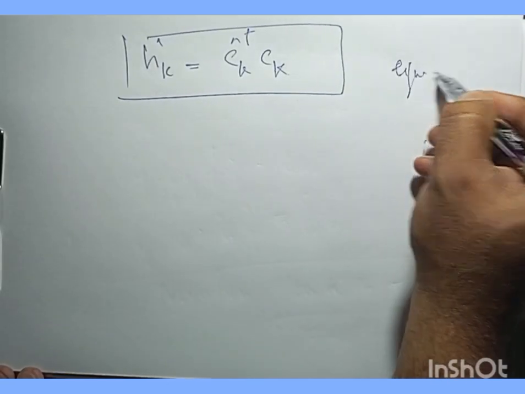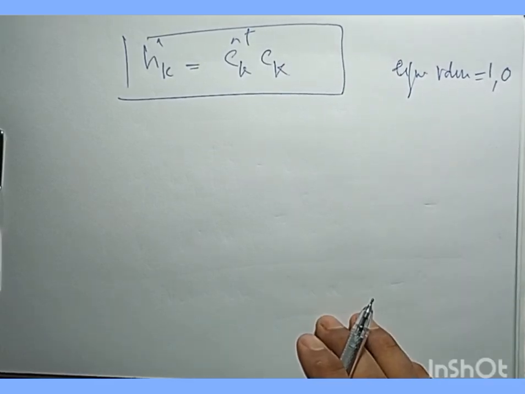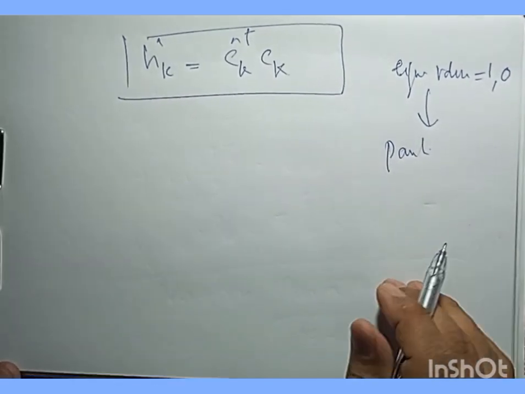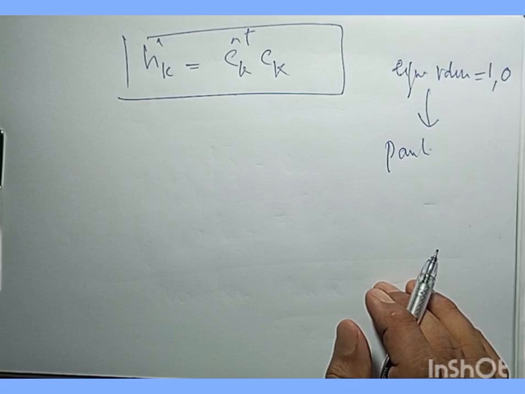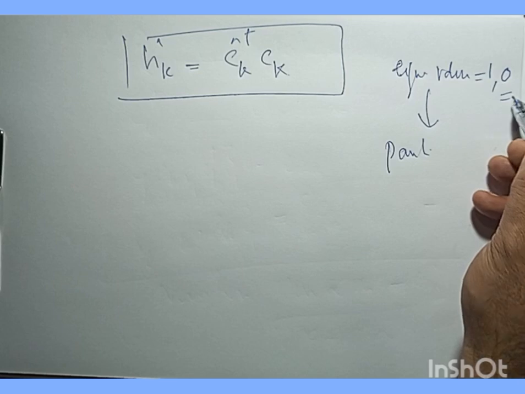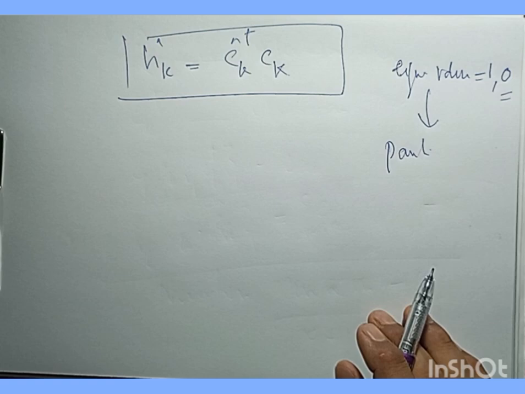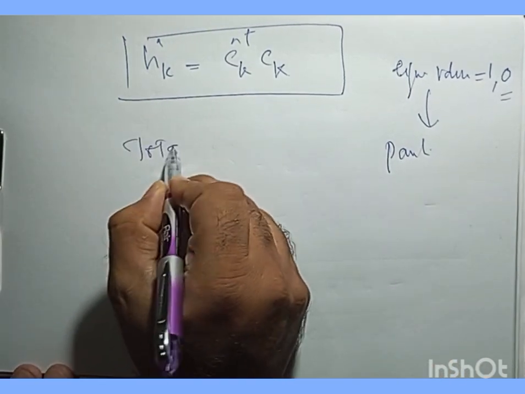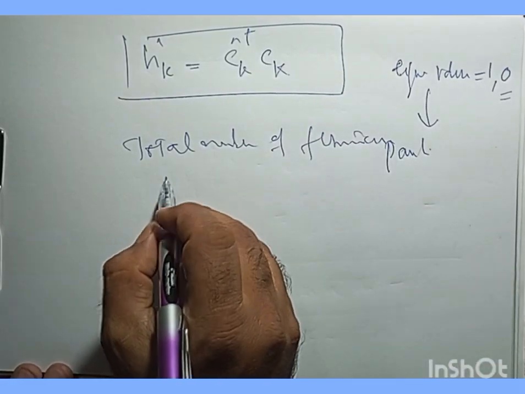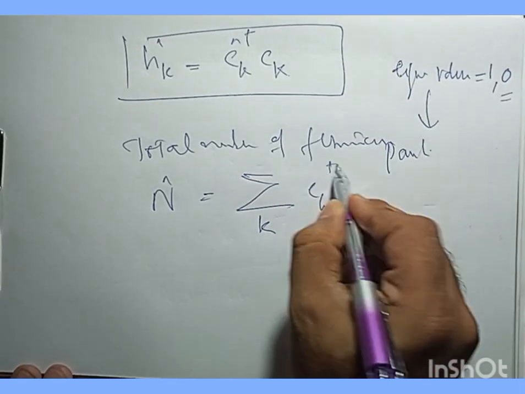Its eigenvalue will be either equal to 1 or equal to 0, reflecting the fact introduced by the Pauli exclusion principle. So again, a fermion state can be either empty or occupied by one fermion. To write down the total number of fermions in the system, that will be n cap equal to the summation over k of c_k dagger c_k.